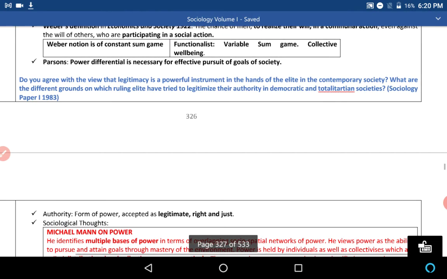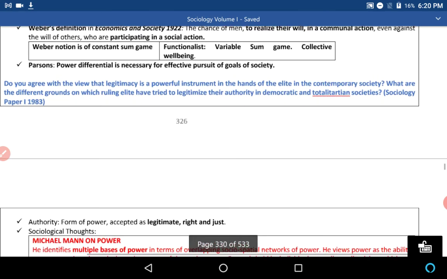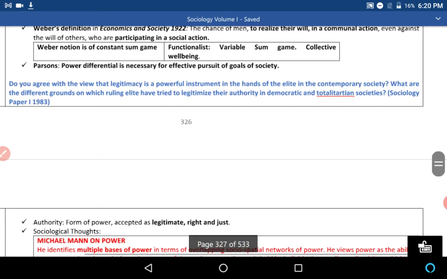Now, this is an interpretive question that was asked in 1983. Do you view that legitimacy is a powerful instrument in the hands of elite in a contemporary society?